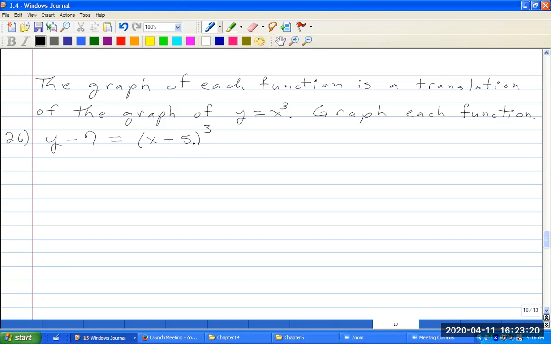This is just a translation of y equaling x cubed. In this case, we'll be going 5 units in the positive x direction, so right by 5 units, and 7 units in the positive y direction, up.